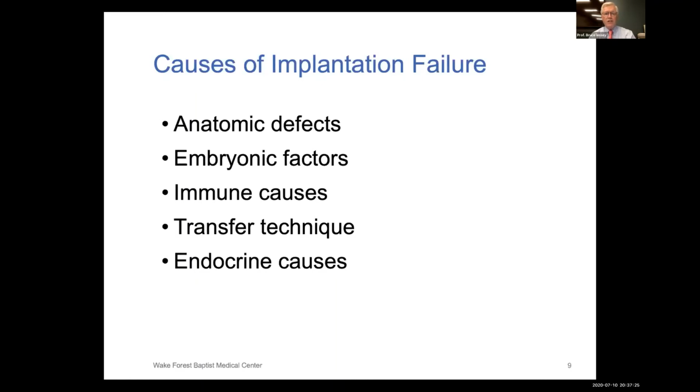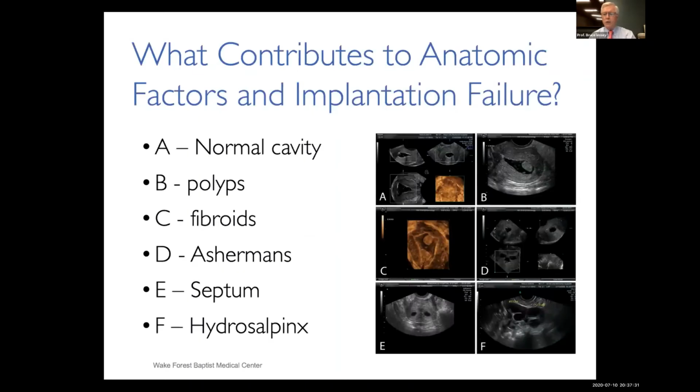Other causes of implantation failure are shown here, and we know that before doing IVF, we need to establish that the endometrial cavity is normal. There are no polyps, fibroids, Asherman syndrome. We want to make sure there's not a septum or a hydrosalpinx present.